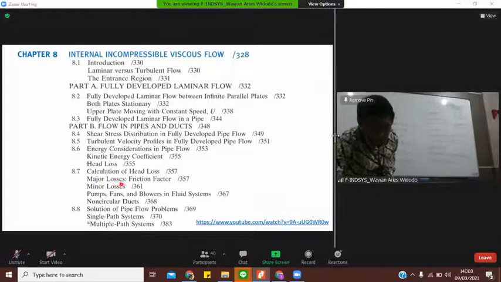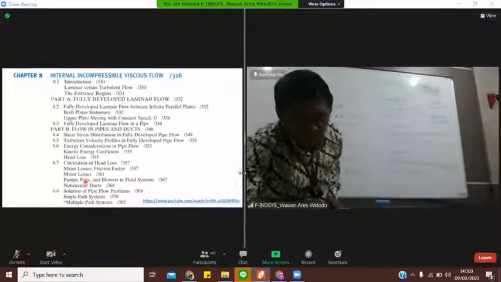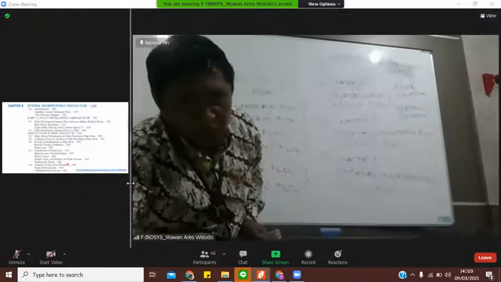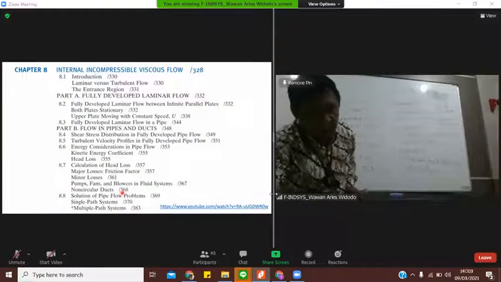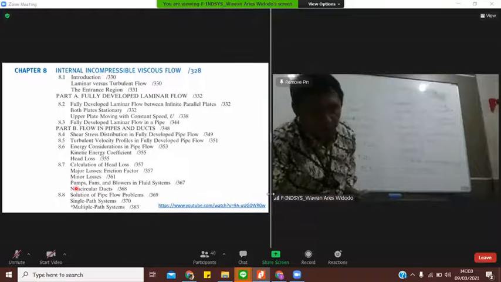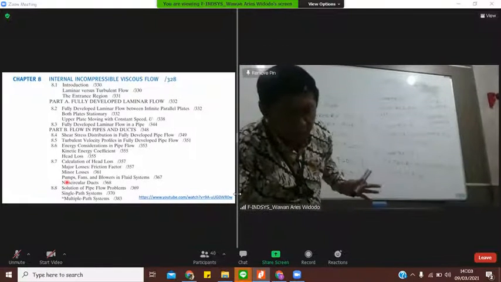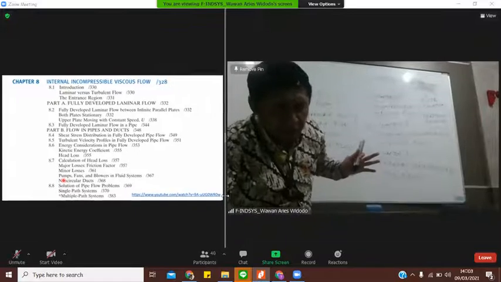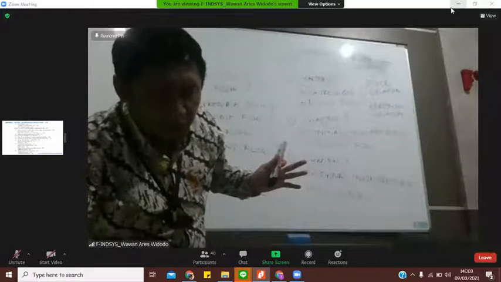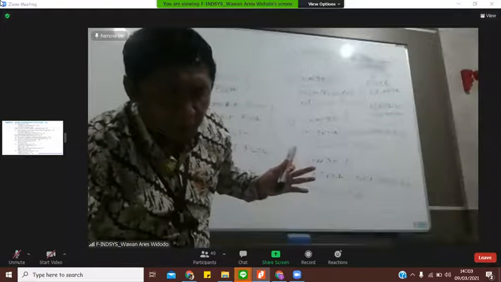And the other, we talk about pumps, fans, and blowers in fluid systems. Actually this is connected with the piping system; it connects with a pump or a fan or blower.